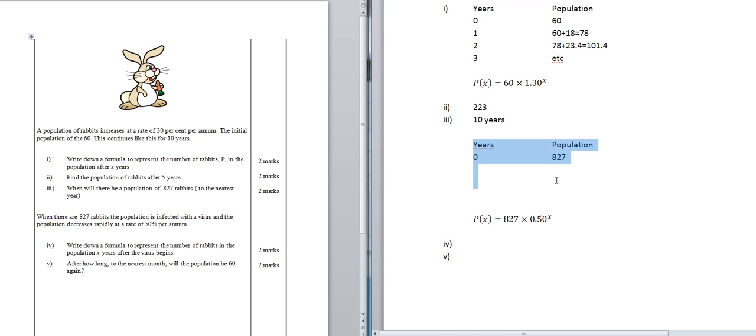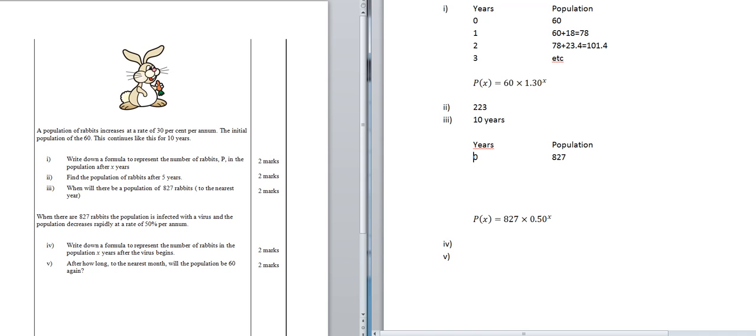So we can kind of use this table. So let's start the timeline again at 0. So this has happened after 10 years. We have 827. Then we kind of reset everything and say, okay, x is 0 and the population is 827. How does this change the population now? So 827 times this factor, which is 0.50 to the power of x.